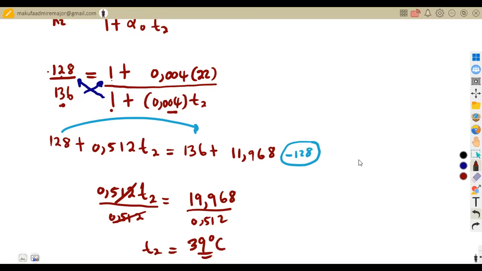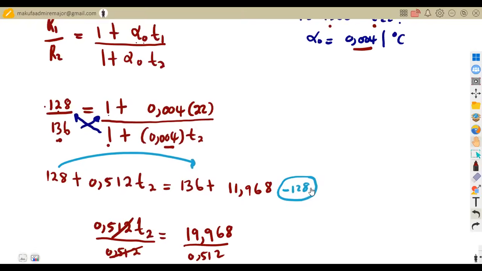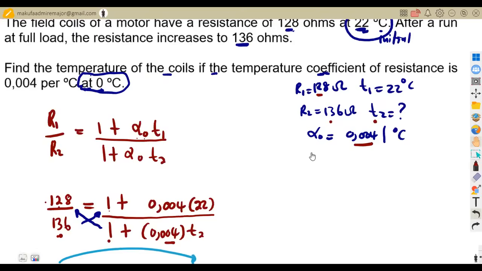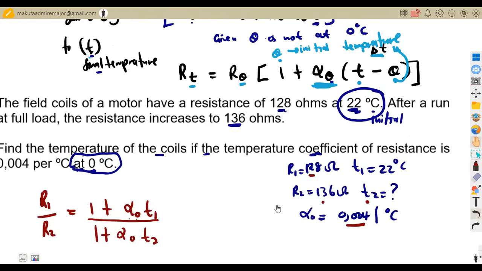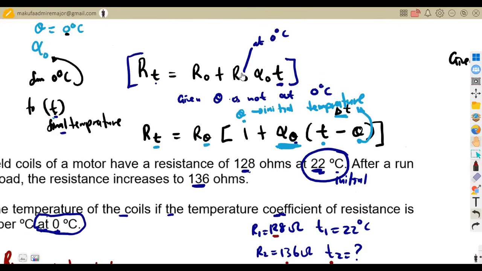This is how you play around with your information. You check the formula that corresponds to the information. Each and every formula is based on its own conditions. This formula is for when you are given the temperature coefficient of resistance at 0 degrees Celsius corresponding with the resistance at 0 degrees Celsius. This one, you are given the temperature coefficient at the initial temperature, theta, and its corresponding value.